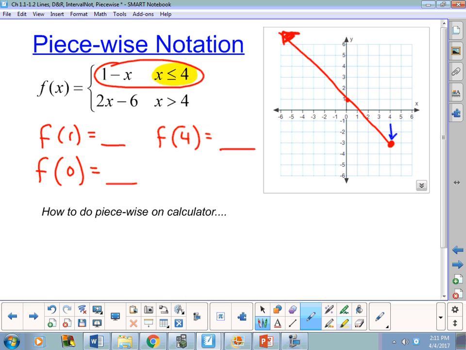The next one we're going to also graph on the same set of axes. This time it's 2x minus 6. So I'll graph that, go up two and over 1, right there. And I want it to only exist if x is greater than 4. Well, then I really didn't need to write all this, but I don't mind writing it because it makes some sense to me.